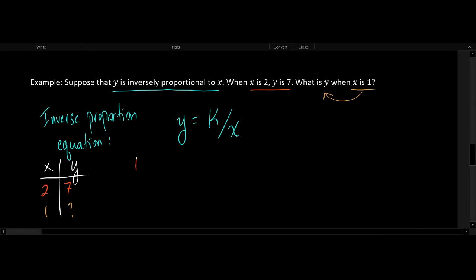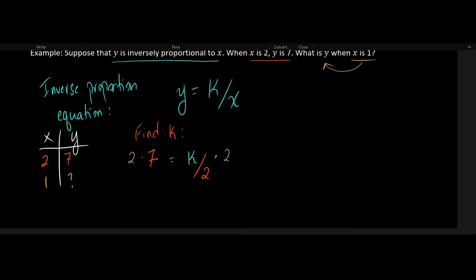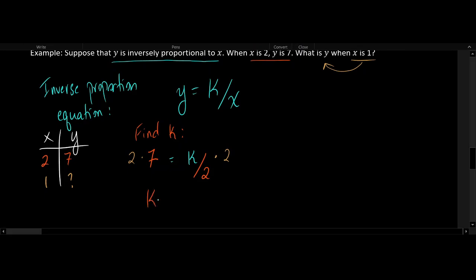So let's find k by plugging in 7 for y and 2 for x, and we can eliminate the divided 2 by multiplying both sides by 2. So k is 14. 2 times 7.